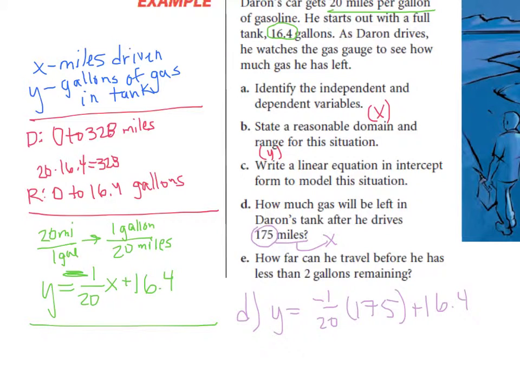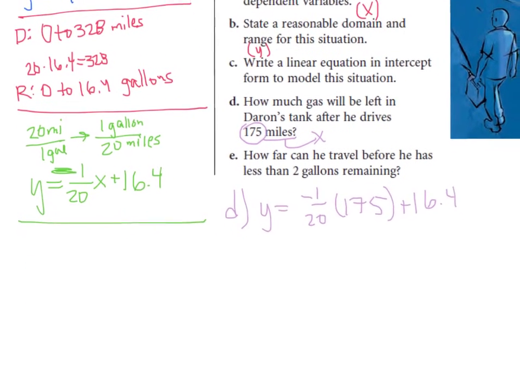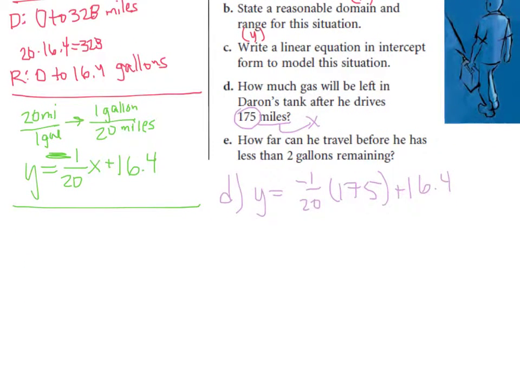E is asking us how far he can travel when he has less than 2 gallons remaining. So for that problem, we are plugging in 2, and since our unit is gallons, that is our y value.